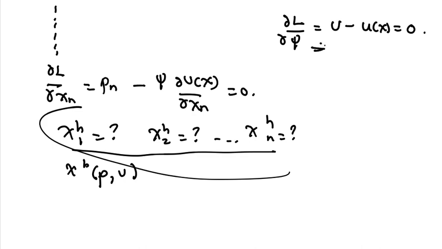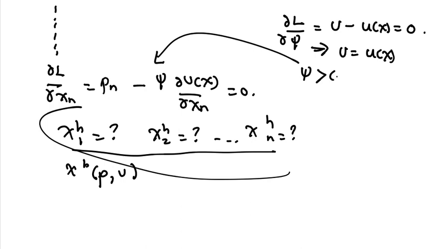Then this implies u equals to ux. So what does it mean by u equals to ux here? It means this individual consumer's constraint, which is utility, is a constraint to the expenditure, isn't it? The constraint is binding. And when it is binding, the C value here will be greater than 0.